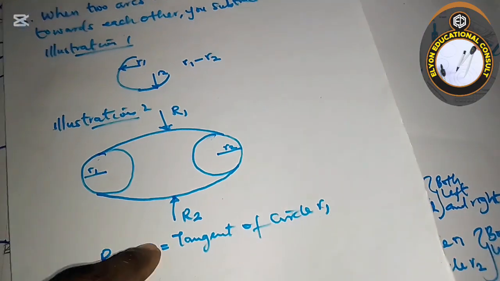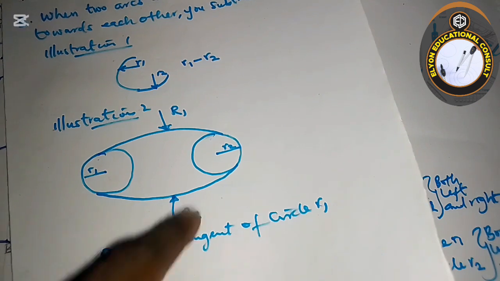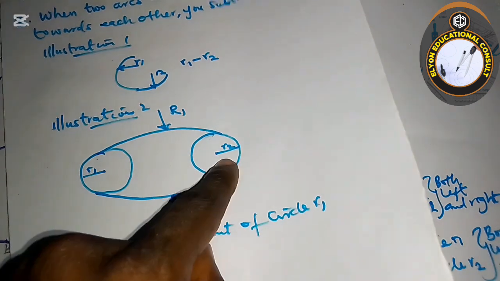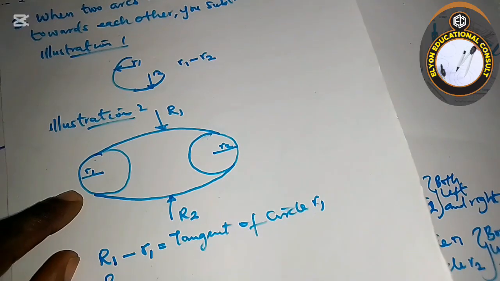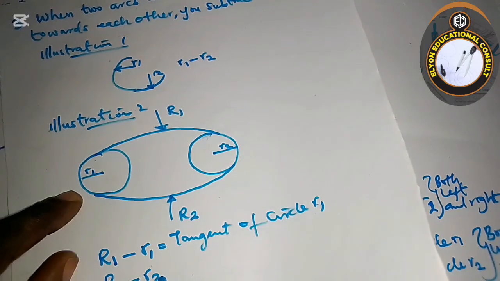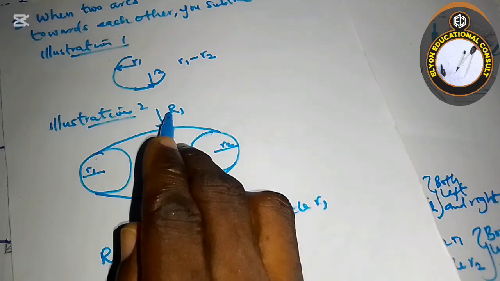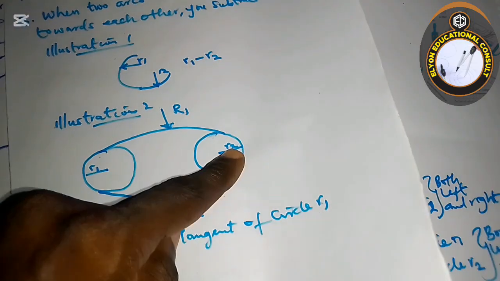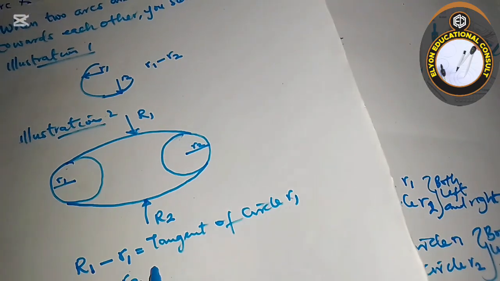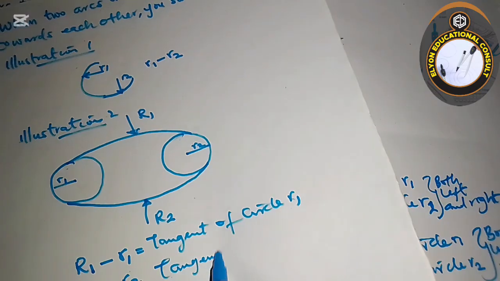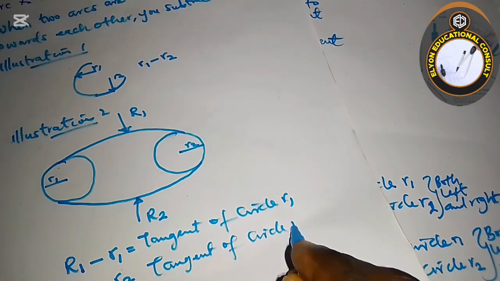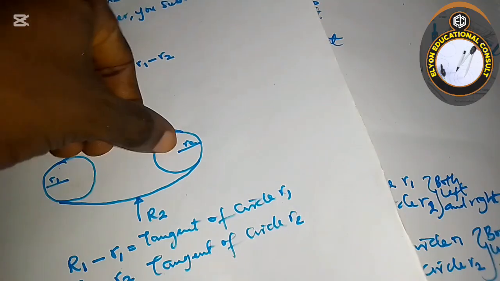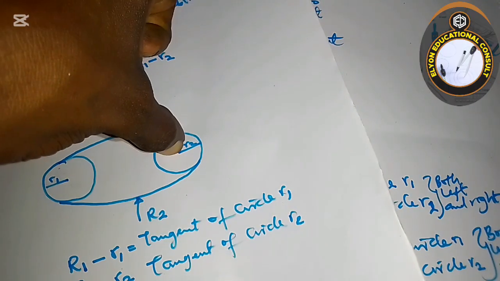Now to know the arc you are going to use to intersect it, for this one it's going to be R1 minus r2, the radius of this arc, capital R, minus the radius of the circle, which will give tangent of circle r2, which you needle at the center of the second circle.